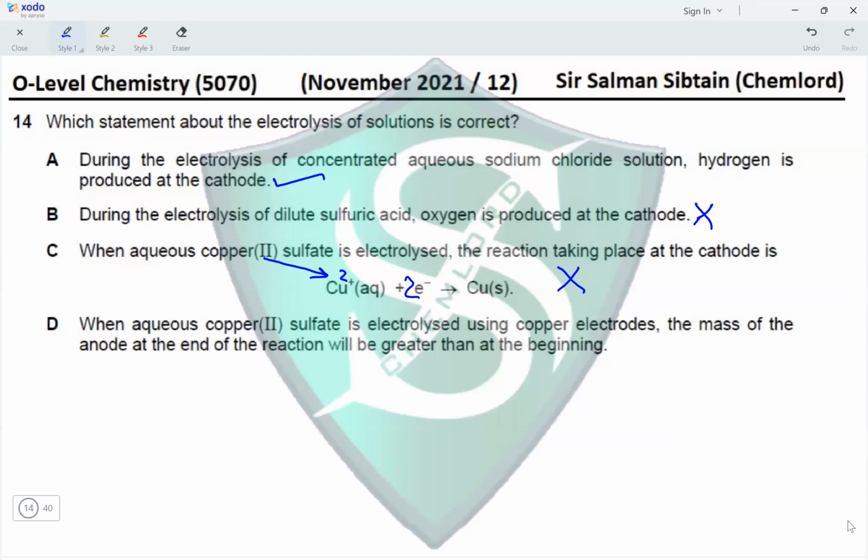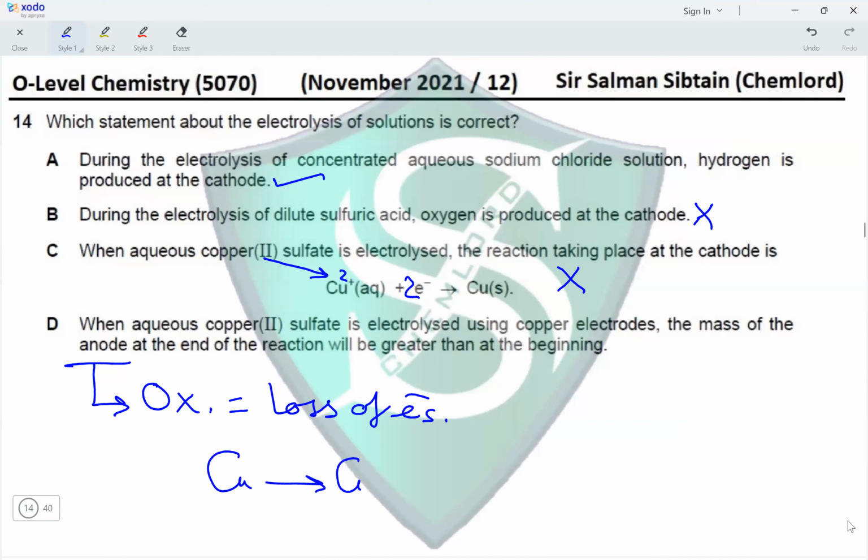D. When aqueous copper 2 sulfate is electrolyzed using copper electrodes, the mass of the anode at the end of the reaction will be greater than at the beginning. Anode is where oxidation occurs. Oxidation is equal to loss of electrons. So when electrons are lost, copper would be converted into Cu2+.